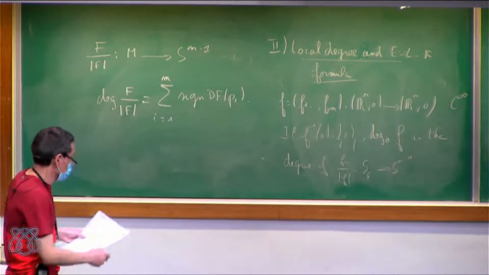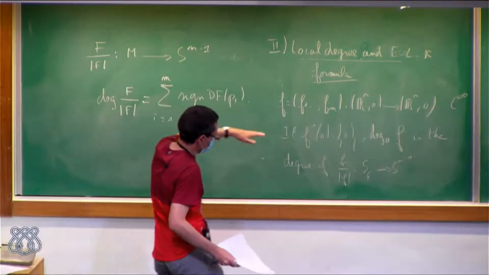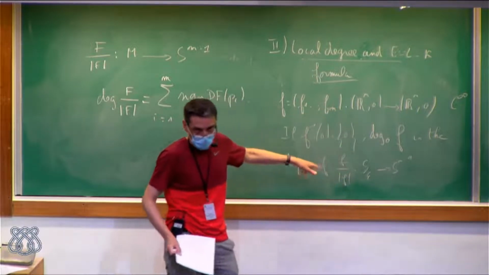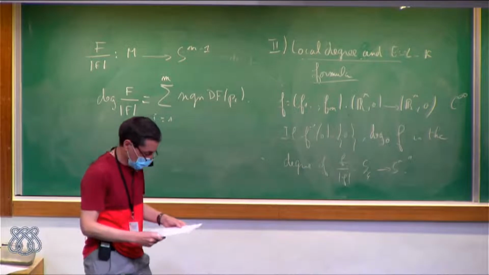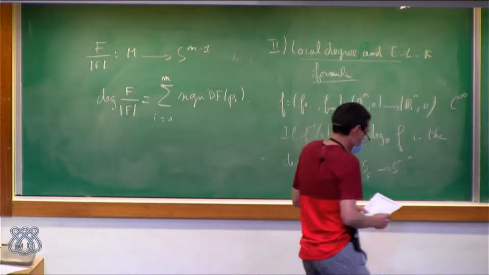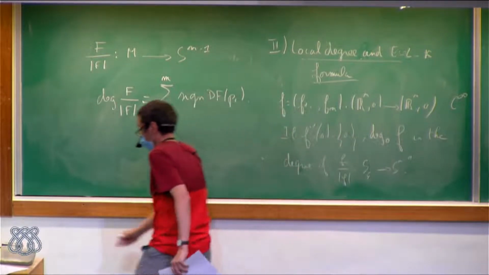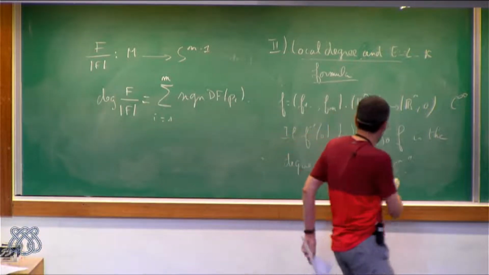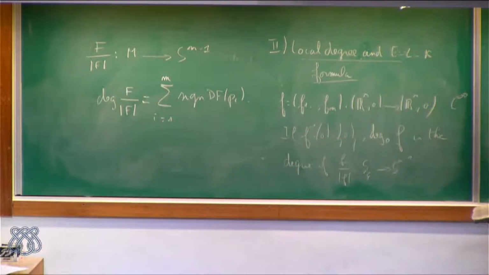You can consider this as the local form of a vector field, and so this is also the Poincaré index of this vector field. So the Eisenbud-Levine-Khimshiashvili formula is an algebraic formula to compute this degree.